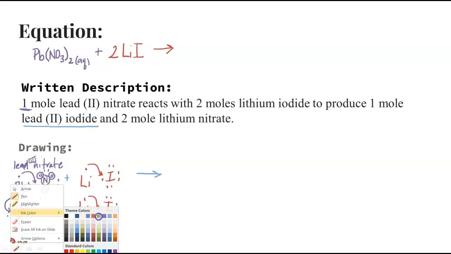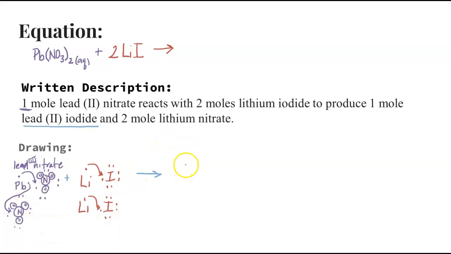Okay, so let's do the next one, which is lead 2 iodide. So I have lead, which has 2 valence electrons. Remember that IDE ending tells me that it's just plain iodine, and so that is just an I. Remember, looking at the periodic table, it has 7 valence electrons.